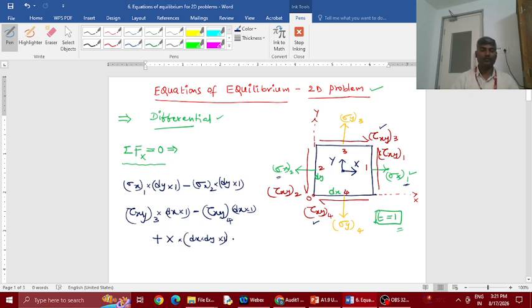So now we have got the total forces, and the sum is equal to 0.